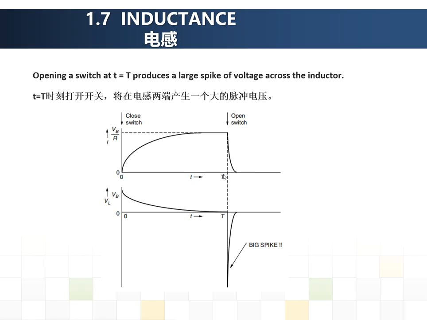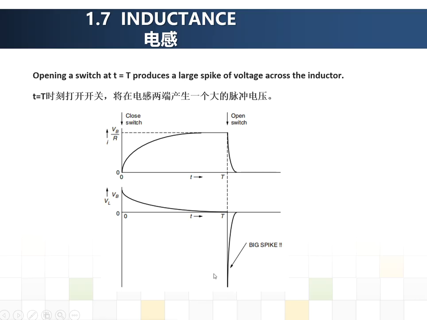And at time capital T, when we suddenly open the switch, the current quickly drops to 0. As the current changes, di divided by dt will be significantly increased. The di/dt term will be much larger than the voltage provided by the battery.